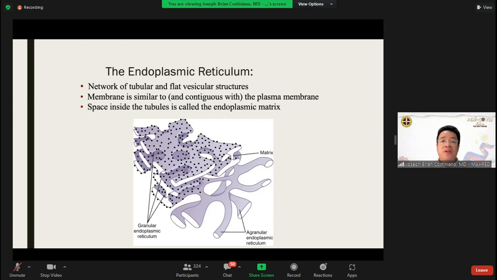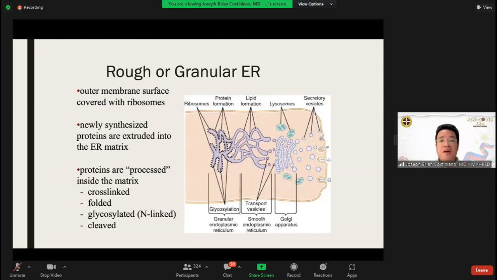Okay, so your ER could either be rough or granular ER and your smooth ER. Ang nakakapagpa-rough sa kanya is your ribosomes. And when you say ribosomes, ribosomes are the ones that synthesize your proteins, no? Proteins are extruded into your ER matrix.